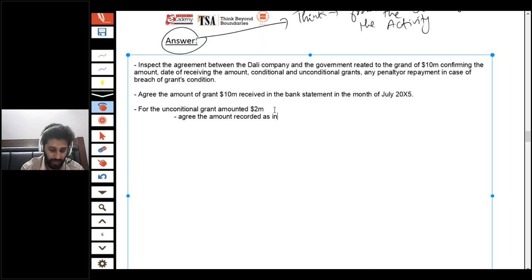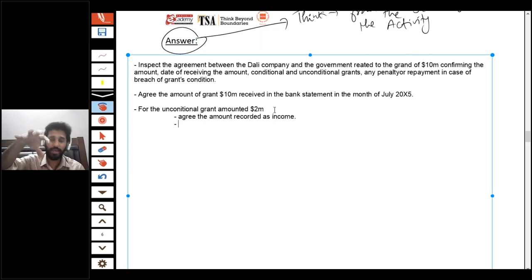So I had written down this thing. Now, for which purpose was this amount given? By the way, there is no specific condition, but I will be writing like that. I will now be obtaining the payroll records, in order to ensure that this $2 million was spent on the employees.